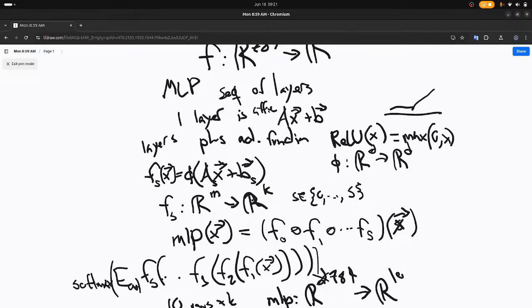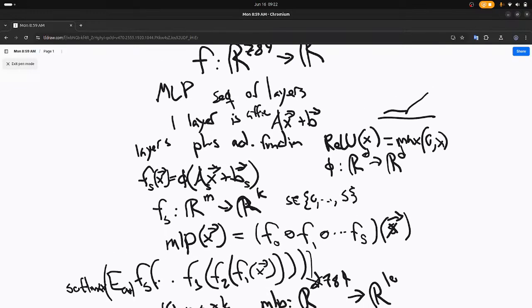ReLU functions have a point where they're not completely differentiable, because the derivatives from both sides do not agree. But if we just ignore that and think we will never hit that exact point, then we can think that the derivative is 0 and 1. Or we could have used a different function. Other functions are differentiable. ReLU is just the easiest thing to think about.